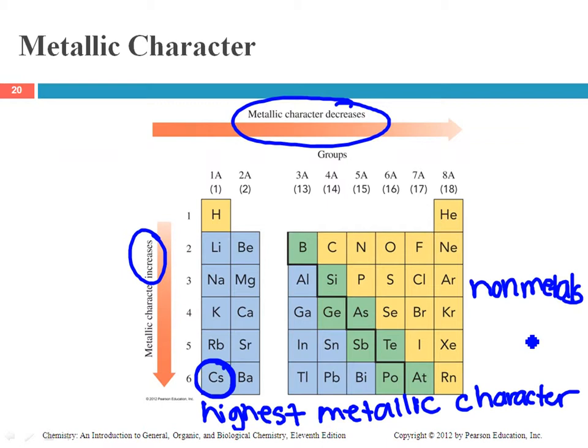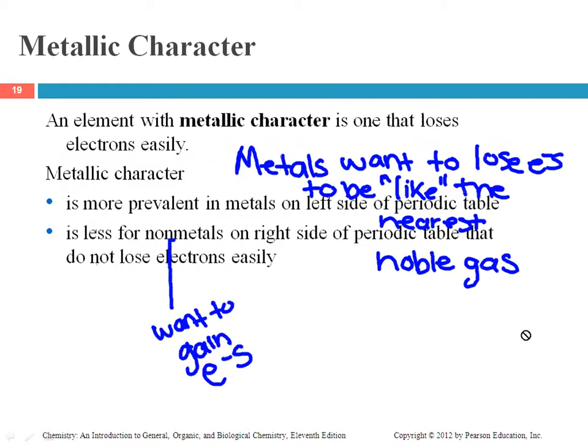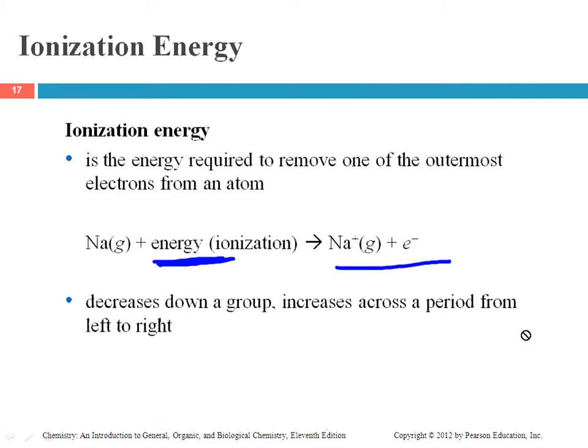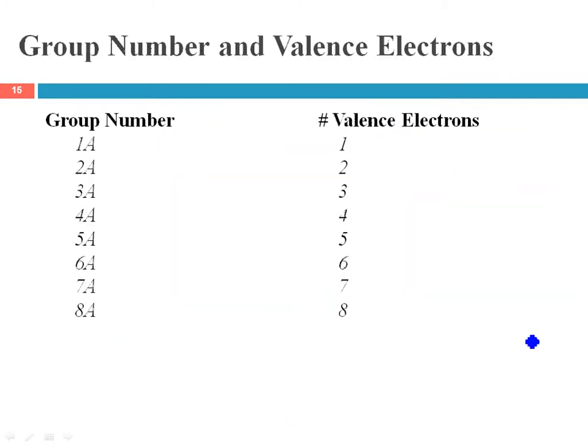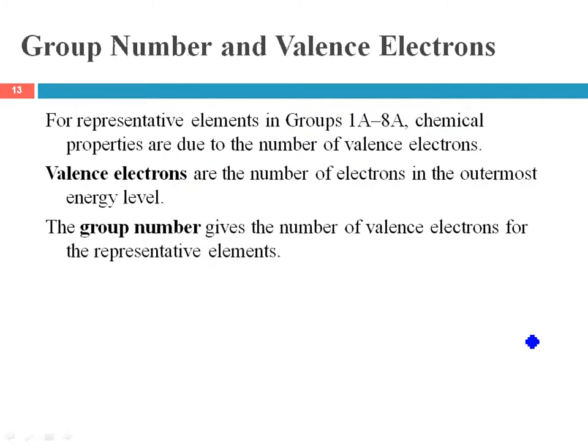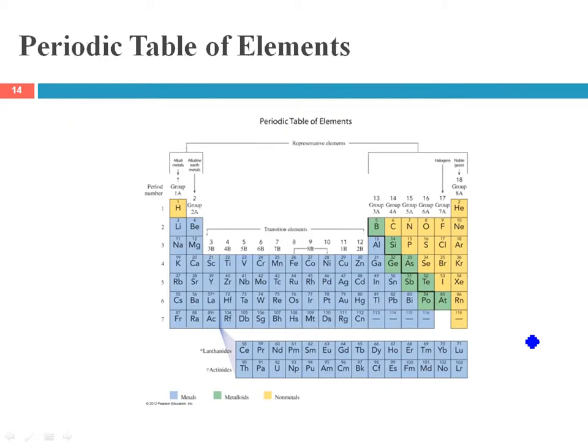In Chapter 4, this is a little preliminary, but I want to go back really quick and talk about one more trend that is super important, actually one of my favorite things to talk about, and you'll get into it more in Chapter 4. But this is electronegativity.